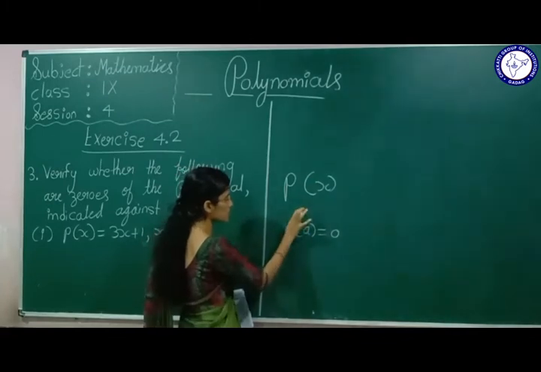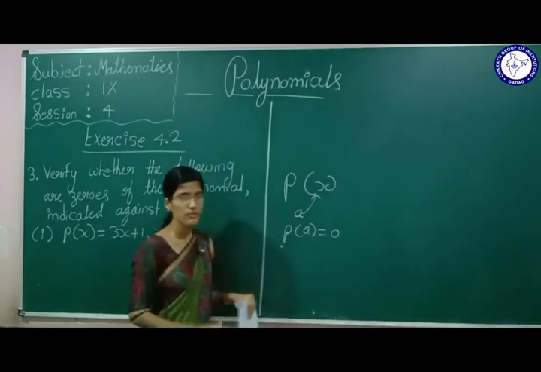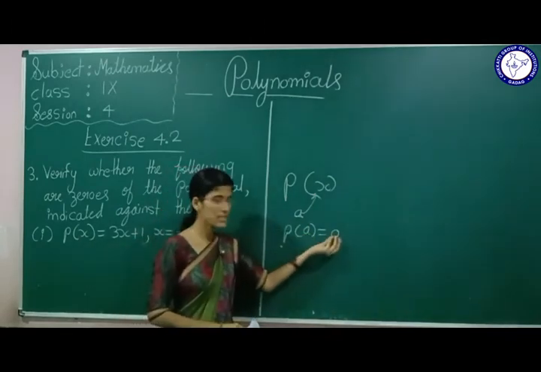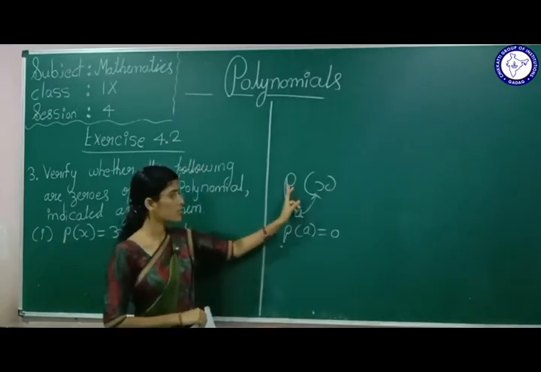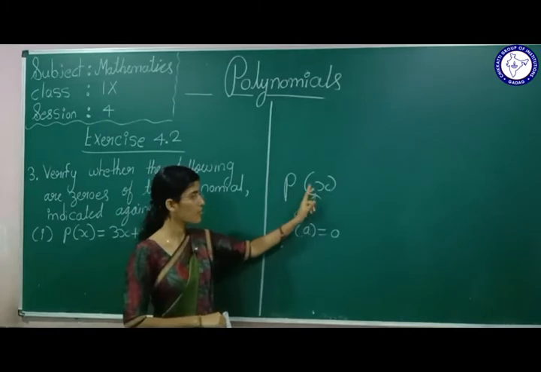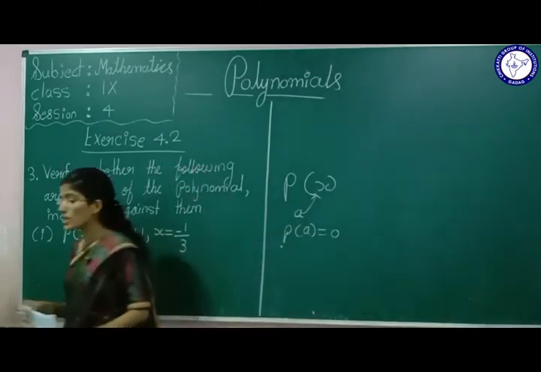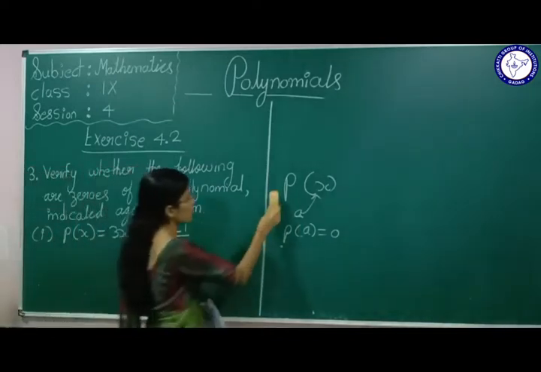When you substitute a in place of x, if the value of the polynomial is 0, that is nothing but the zero of the polynomial. So based on that we are going to solve exercise 4.2.